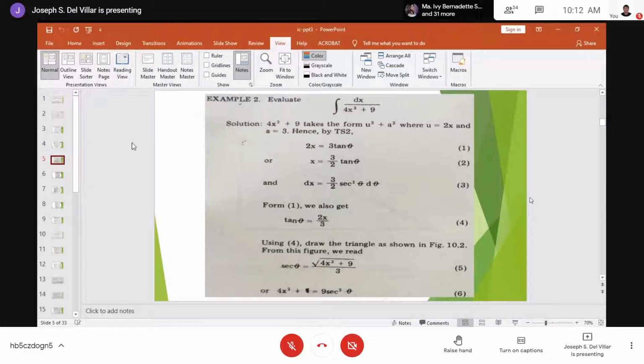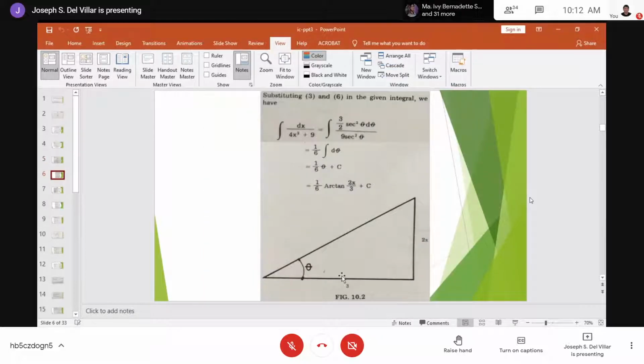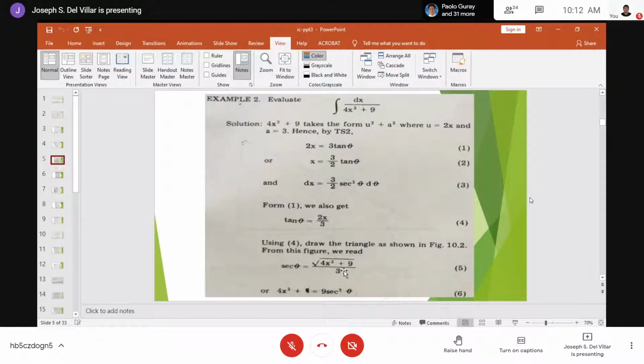In the figure, ang cosine natin is 3, not 9. 3 over the square root of 9 plus 4x squared. So yung secant niya is the reverse. Okay? Hypotenuse over 3, no?